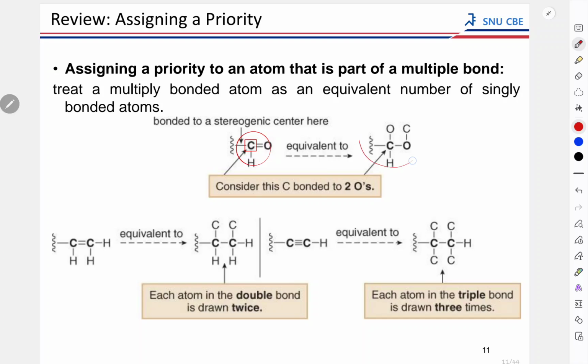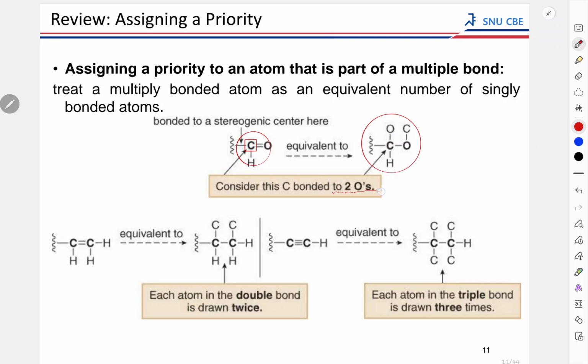This carbon has two single bonds with oxygen when you have the double bond. And you can also think about it from this oxygen's perspective: this oxygen also has two bonds with carbon. So you can unravel the bonding network like this.